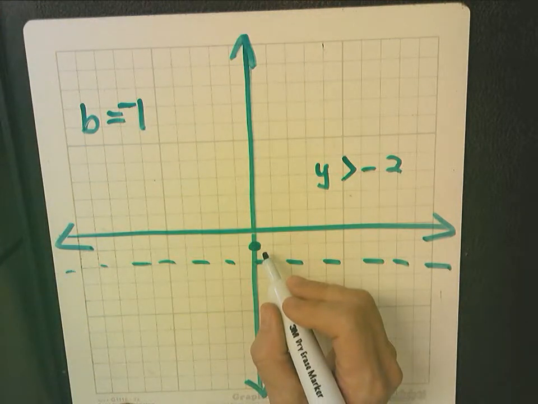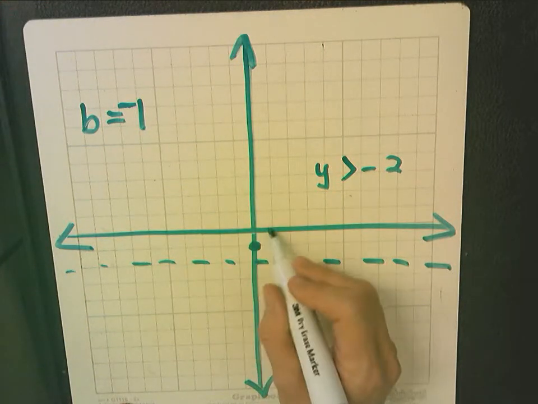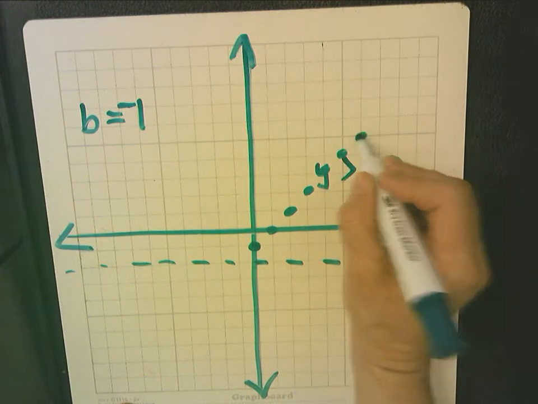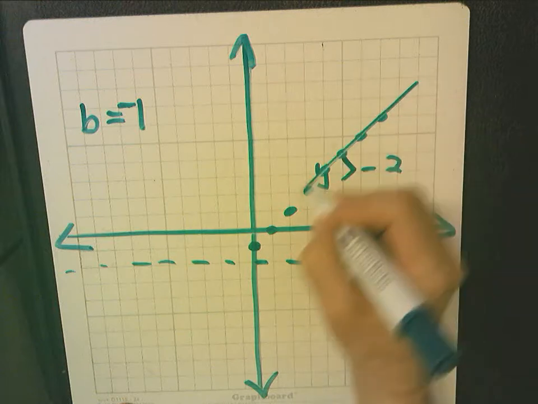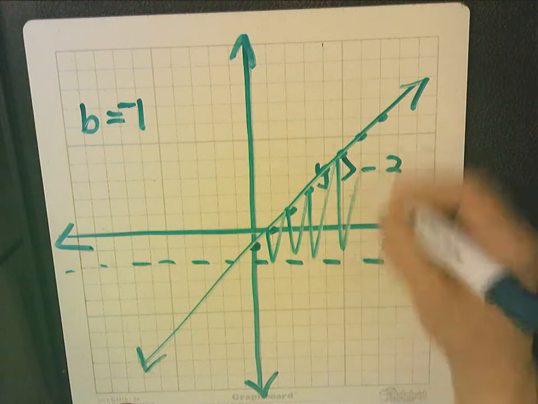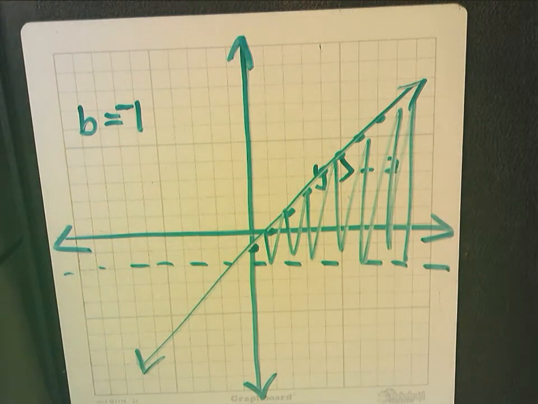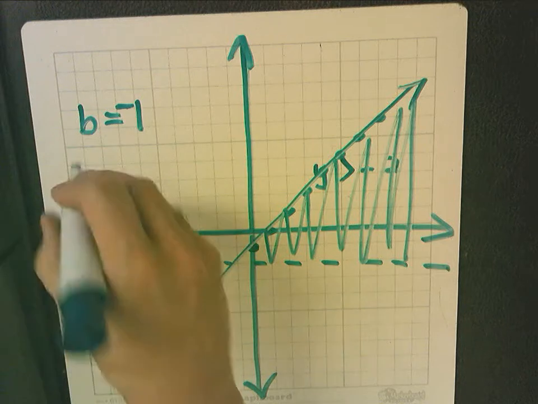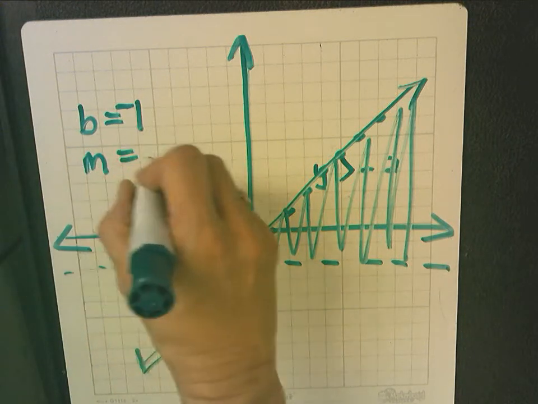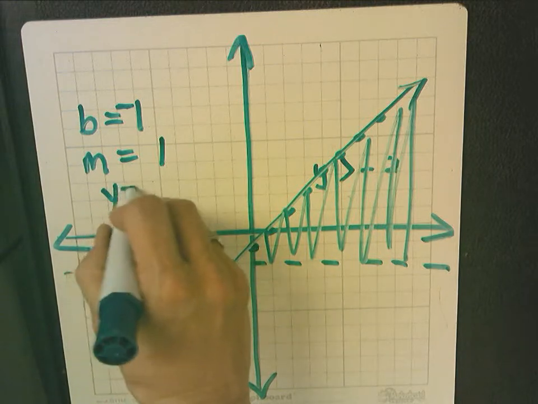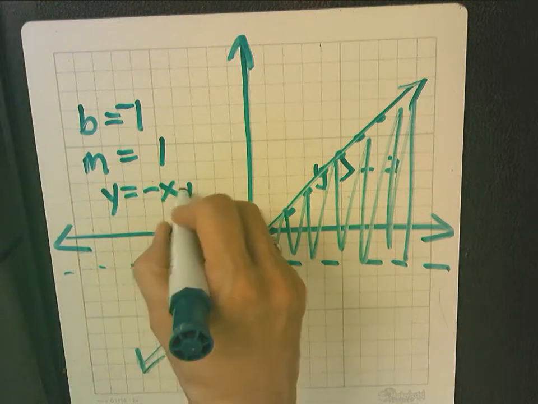Sorry about that. So then it seems to go up 1 over 1, up 1 over 1, up 1 over 1, like this. And it's shaded below. So first I find the y-intercept, which b is -1. Then I find the slope, which in this case is 1. So an equation would be y equals x minus 1.